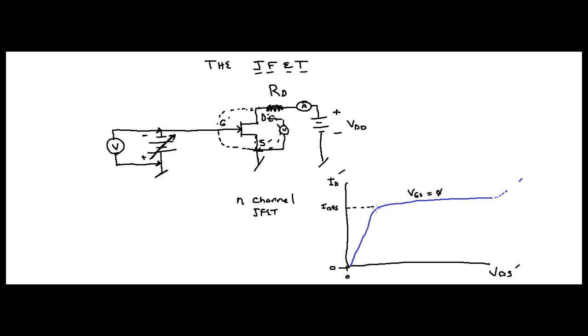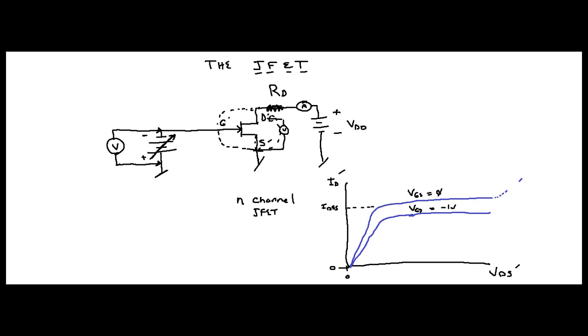So if you're past the pinch-off voltage, the maximum current you're going to get, just as an example, let's say it's down here. It's going to come here and then come down. And this is going to be VGS equals -1 volt.